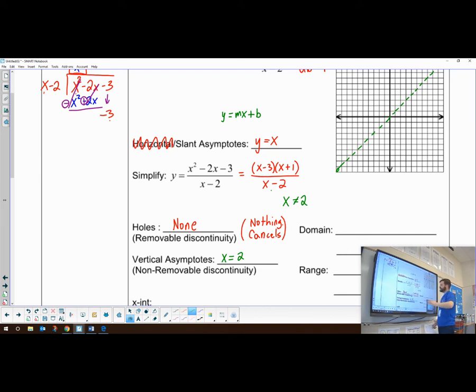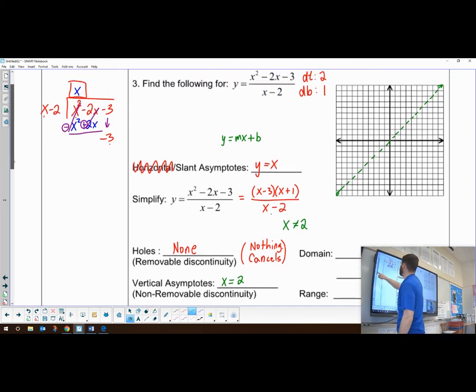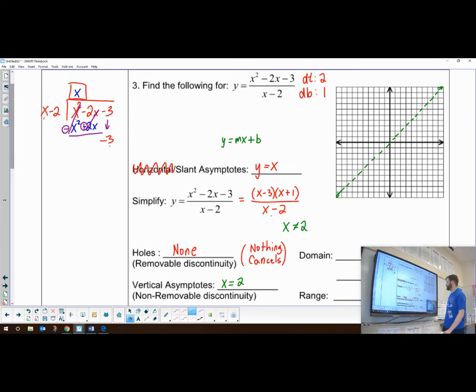But since it doesn't cancel, it becomes a vertical asymptote. And that vertical asymptote I can put on this graph. So I can put my asymptote at x equals 2. So there we go. There is my vertical asymptote. Now, I have 4 sections here.